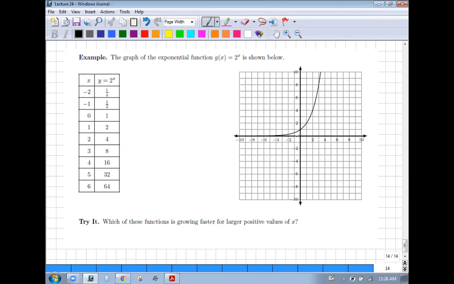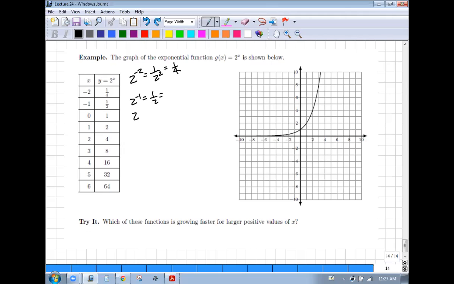So if we look at negative numbers, well, let's see, what do they do here? 2 to the negative 2. Remember, a negative exponent is like how many times you divide by that number. All right. So this would be a 1/4. So over here at negative 2, we're only at a 4th. 2 to the negative 1, that's 1/2, or 0.5.